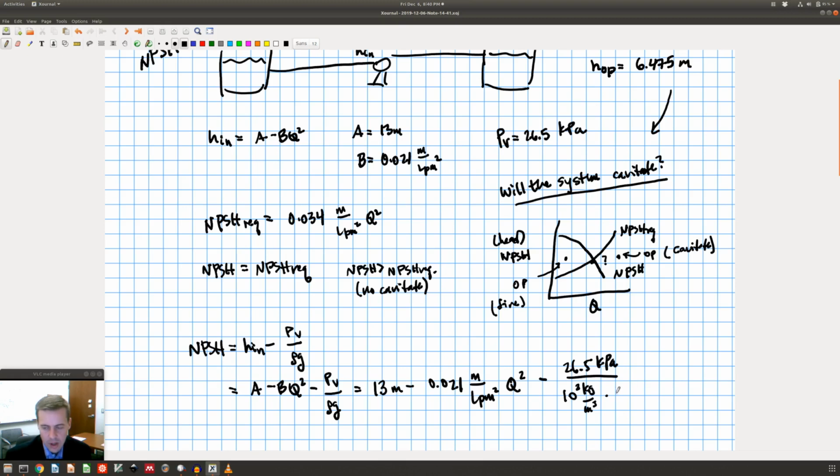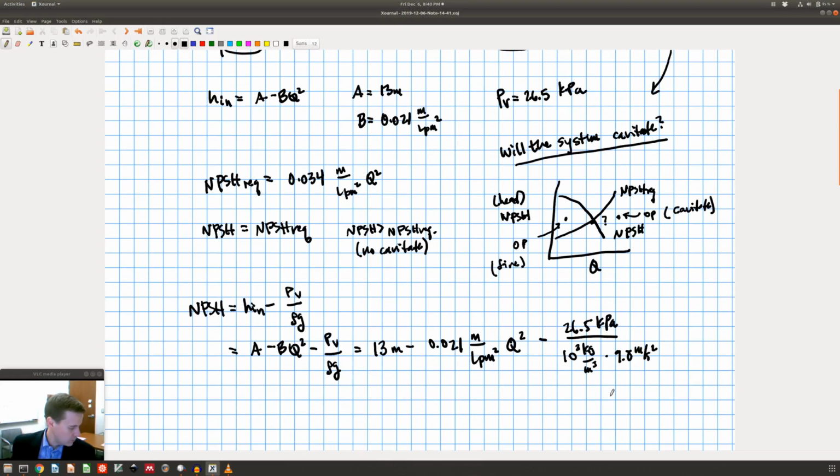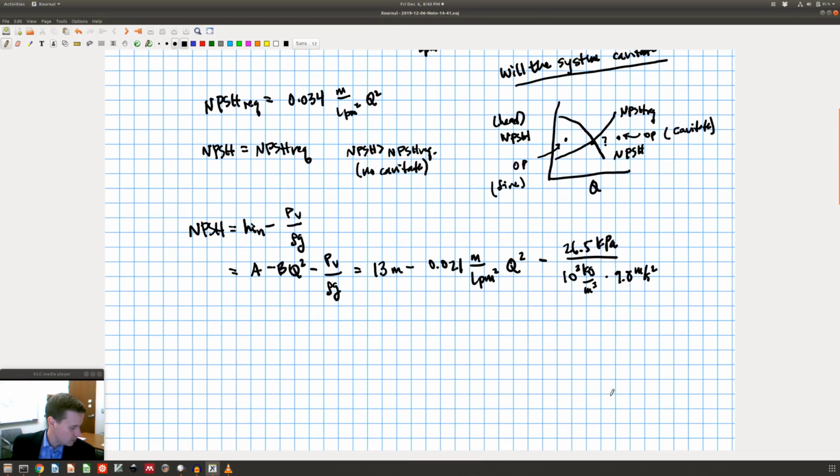And of course, gravity is 9.8 meters per second squared. You need to do a little bit of unit conversions to make that all work out. But this is just going to subtract from this constant, and it's going to give me 10.3 meters minus 0.021 meters over liter per minute squared, Q squared.